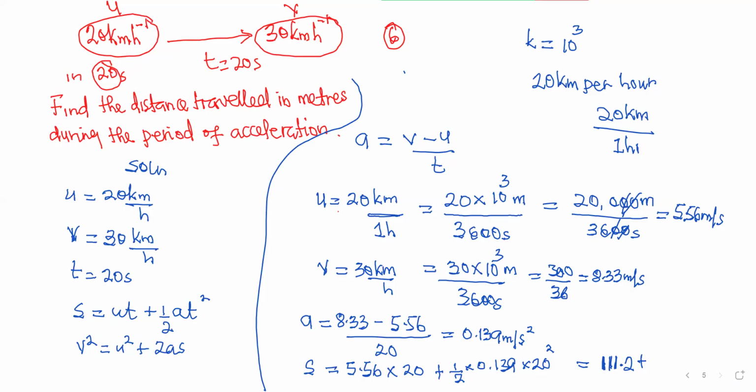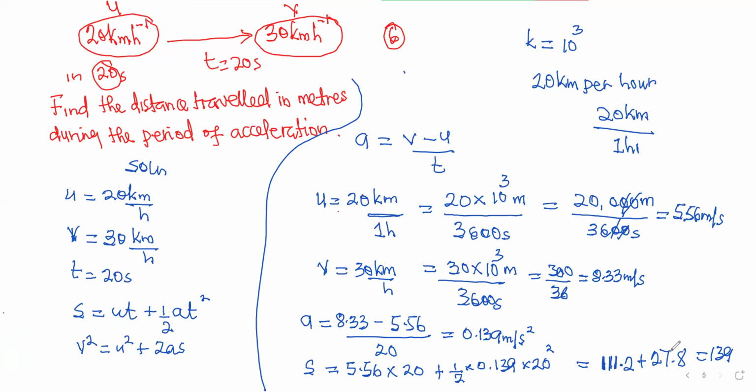Okay, all divided by 2: 55.6 divided by 2 is 27.8. So add 27.8 to 111.2. That gives 139. Good.